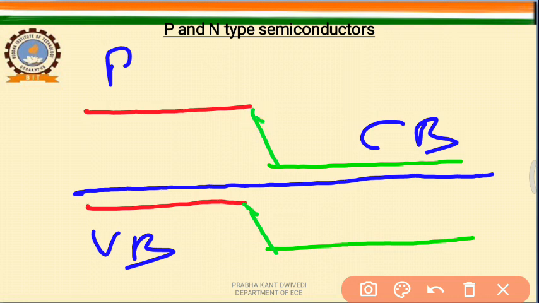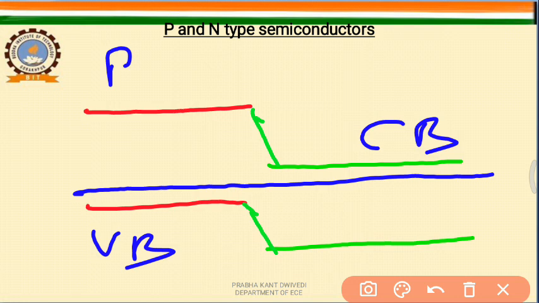When this junction receives solar radiation, after receiving photons from the sun rays, the energy of the photon is transferred to any one of the electrons contained in the covalent bond.